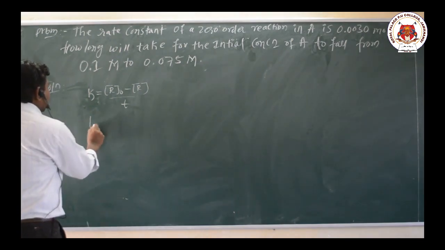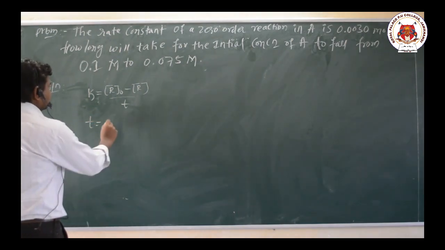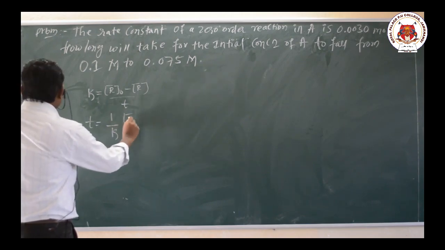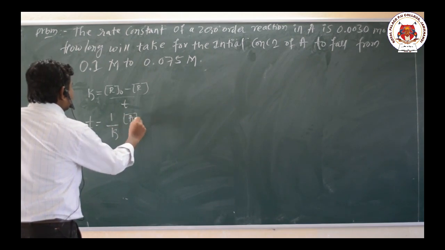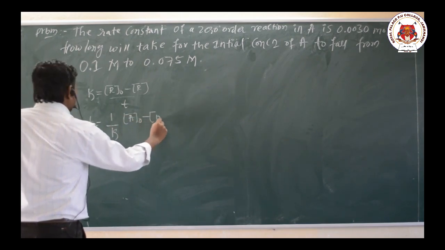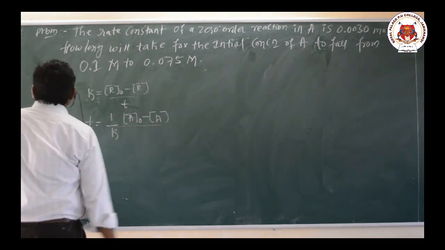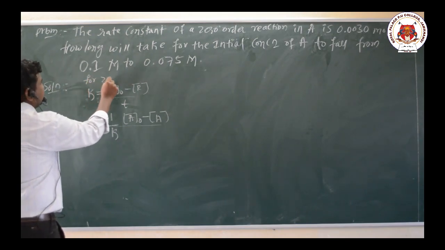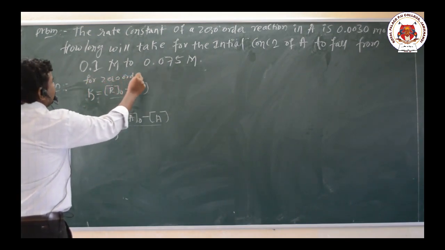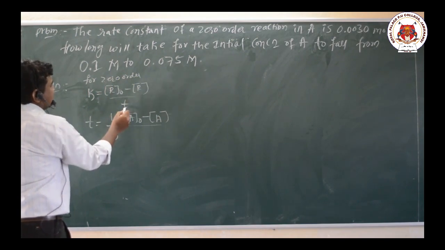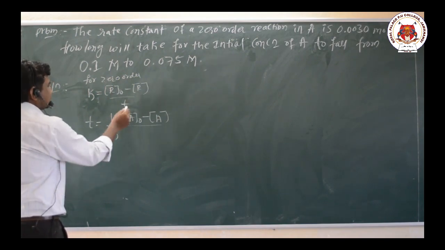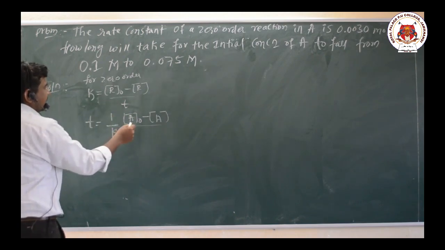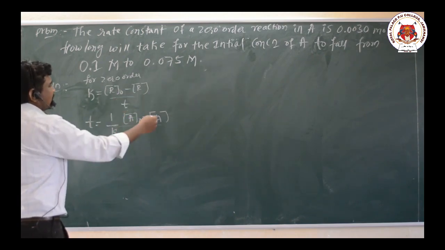They asked for the time t, so t equal to 1 by k times A naught minus A. For a zero order reaction we know k equal to R naught minus R divided by t. They asked for the time, hence I have written t equal to 1 divided by k, and again the same thing, R naught minus R.